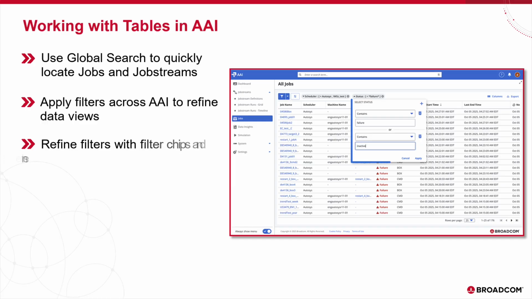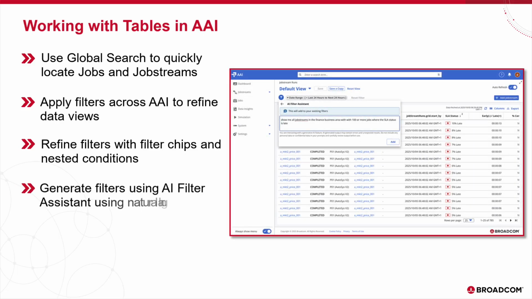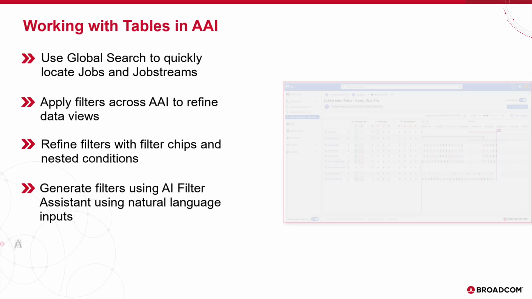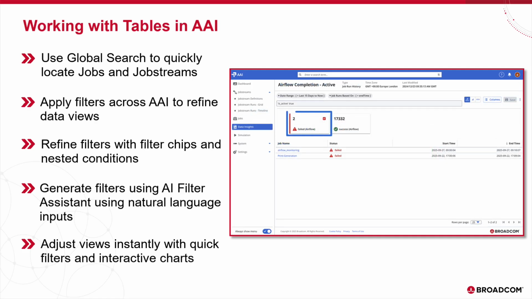You can refine applied filters through filter chips, add nested conditions, and combine multiple filters to create precise results. We explored how you can use the AI Filter Assistant to build complex filters from natural language prompts. We also saw how quick filters available in the JobStream Runs timeline view and across data insights let you focus on a subset of data in a single click.